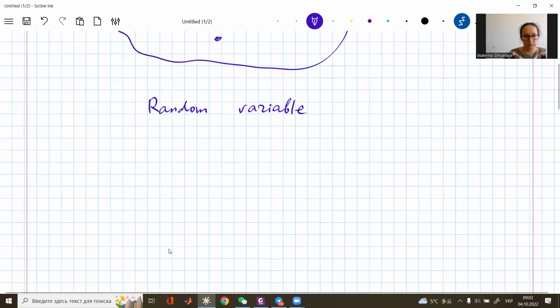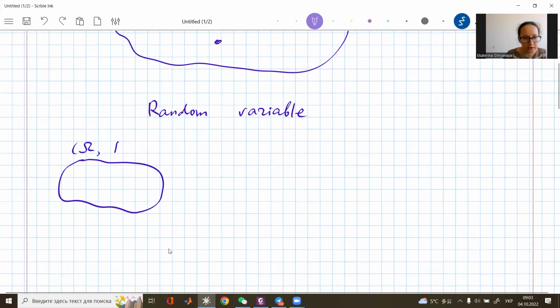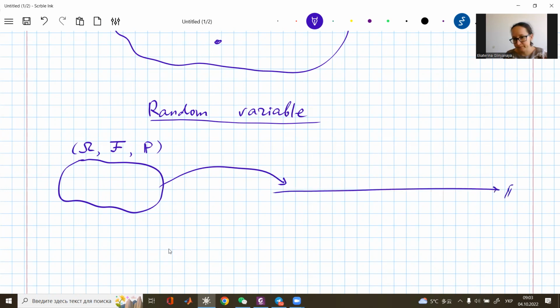And what is it? So you have some probability space. So this is omega, the set of all outcomes, and sigma algebra on it, and with some probability measure. And you define a random variable as a mapping from the probability space onto R.